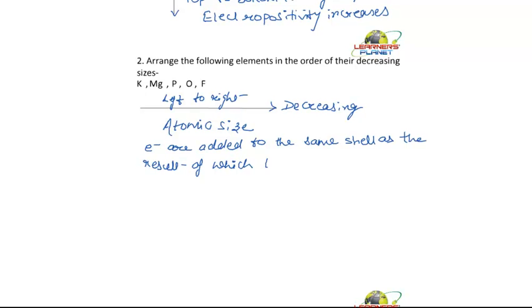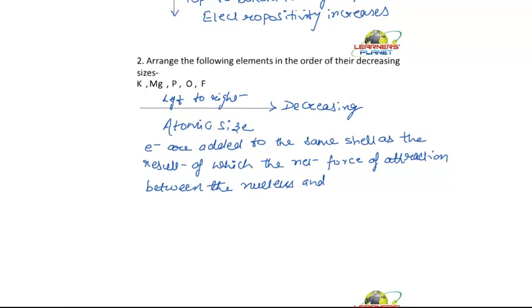the net force of attraction between the nucleus and valence electron, what happens? Increases. So what happens?